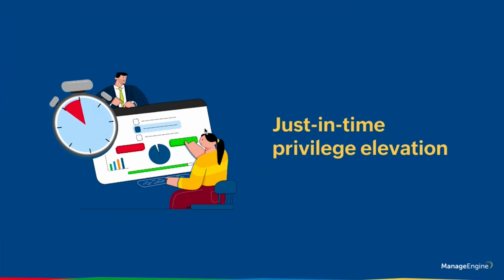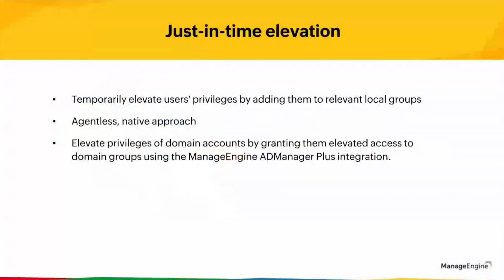So just-in-time privilege elevation features enable the administrators to grant privilege access to the users for a specific period of time. As we know, this reduces the risk of unauthorized access by limiting the window of opportunity for attackers to exploit the privileged accounts. So now here we are going to temporarily elevate privileges for the users to relevant local groups.